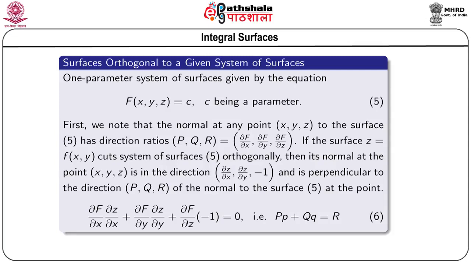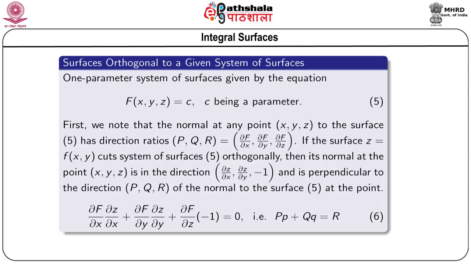Now, the surface z equals f(x, y) is a surface such that it cuts the system of surfaces 5 orthogonally, so the normal to this surface, which is proportional to del z del x, del z del y, minus 1, must be perpendicular to del f del x, del f del y, del f del z.